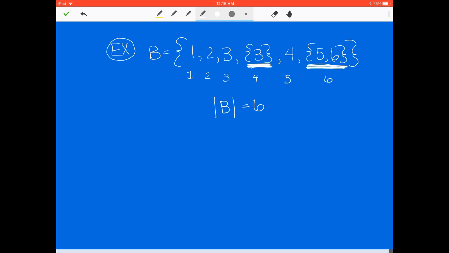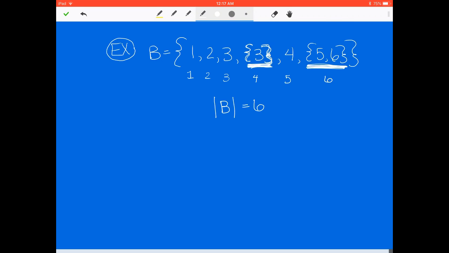Each of those are elements of set B. Similarly, we have 1, 2, 3, and 4. Those are elements of B. But if you have these little curly brackets, that denotes a set.